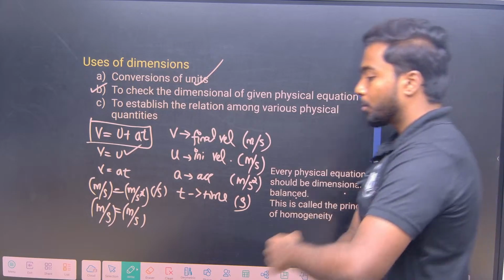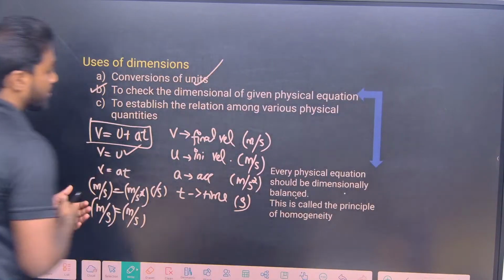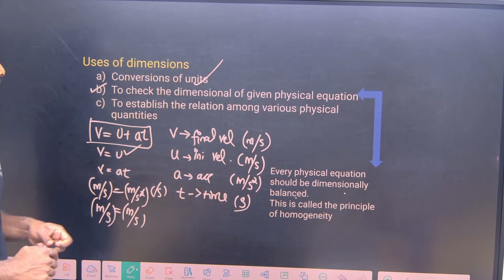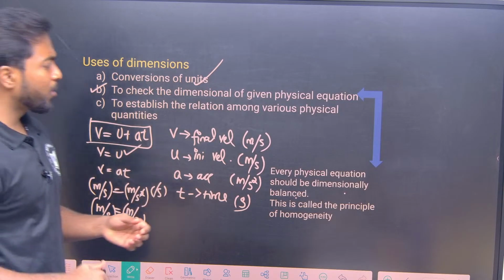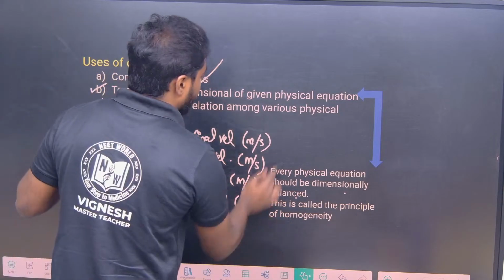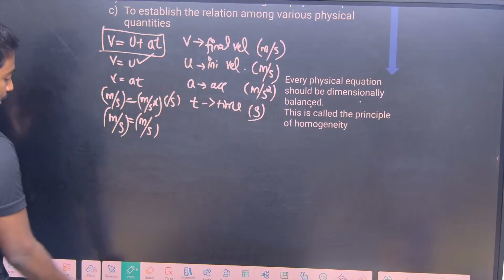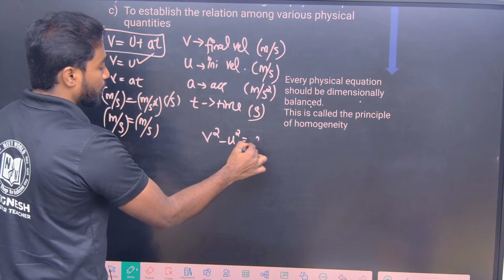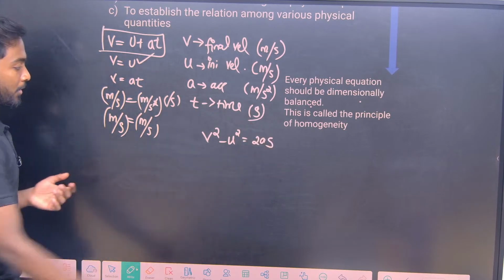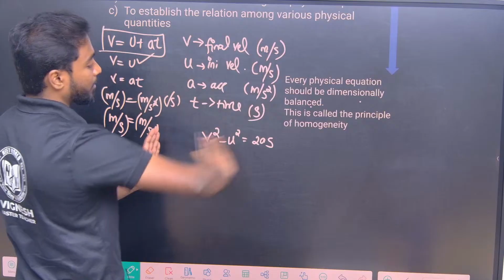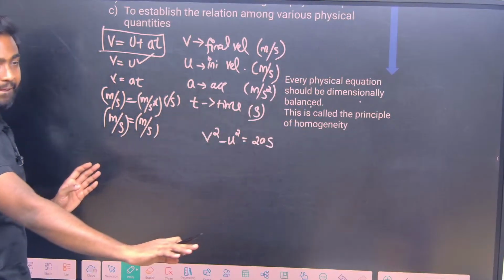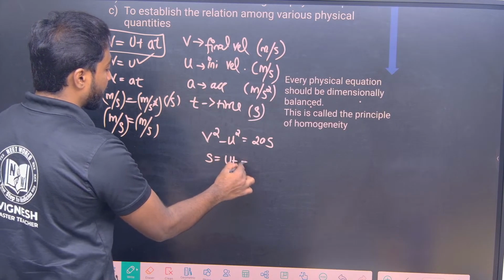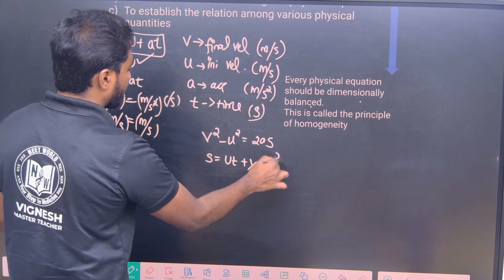This is how we can identify whether equations are correct, that is, whether they follow the principle of homogeneity. You can give a try for these two more equations: v square minus u square is equals to 2as, or you can take v square on one side and u square plus 2as on the other side, and then s is equals to ut plus half at square.